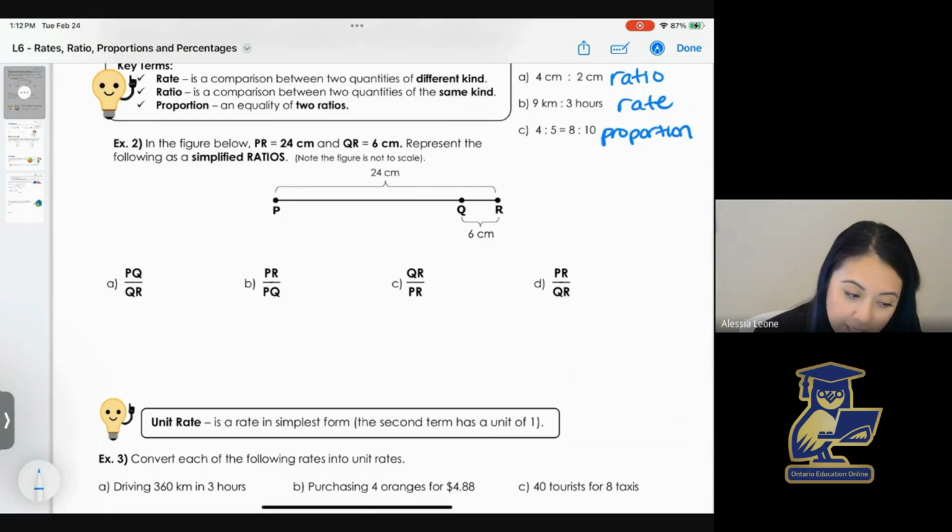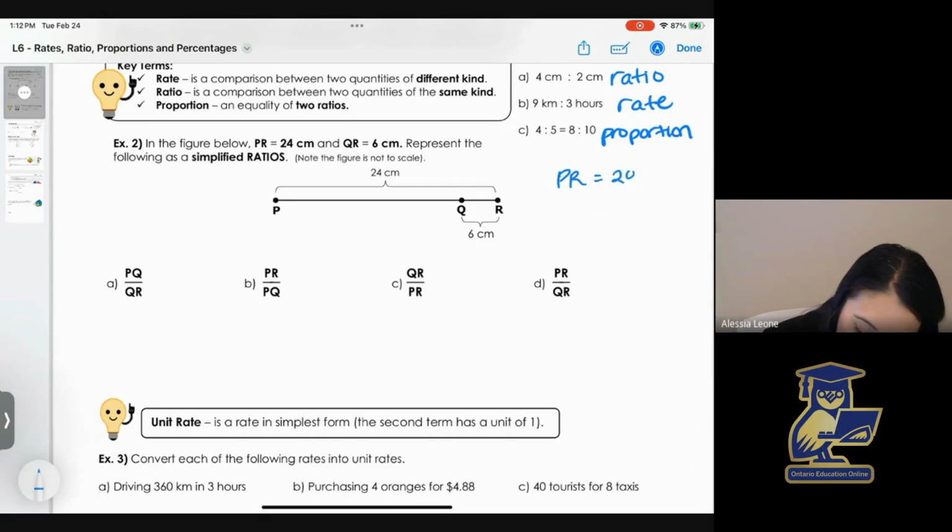First, we have to find out all the parts. I'm just going to go on the side here. So we know PR is 24 centimeters. We know QR is 6 centimeters. What we need to find is PQ.